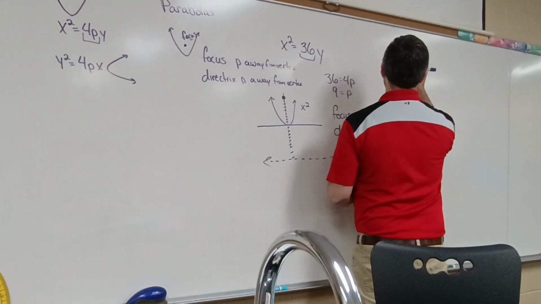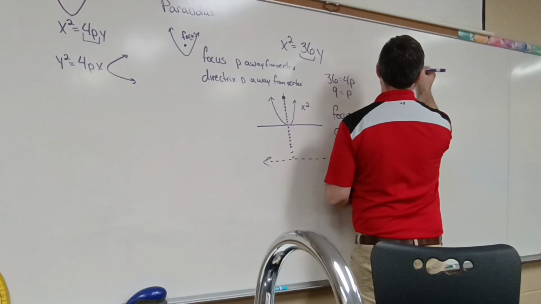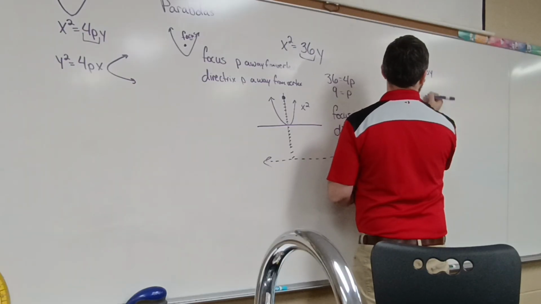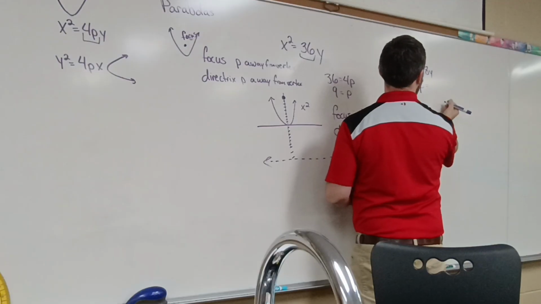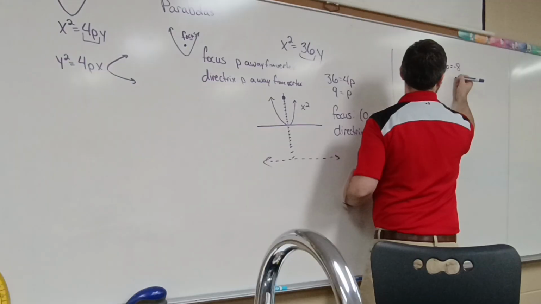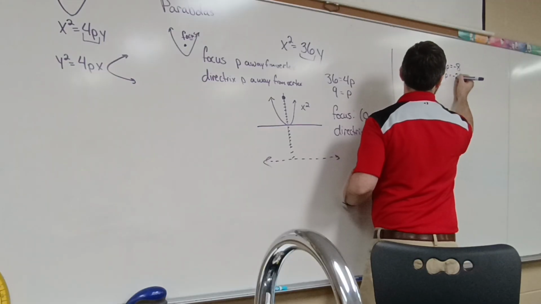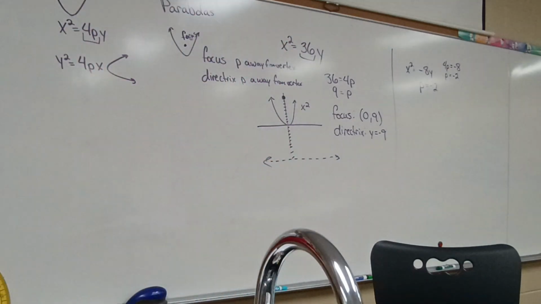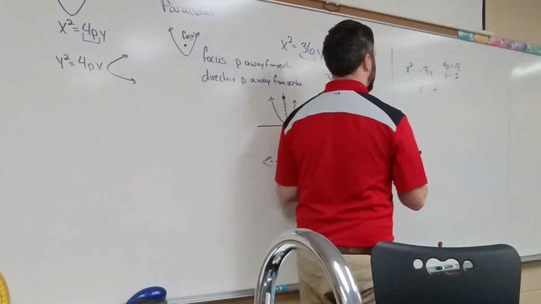Sloppy, sloppy, sloppy. What if I gave you x squared equals negative 8y? What's p gonna be equal to? Well, 4p equals negative 8, right? So p would be negative 2, right? Any questions how I found p? It's just 4p equals that number in front of your non-squared term.